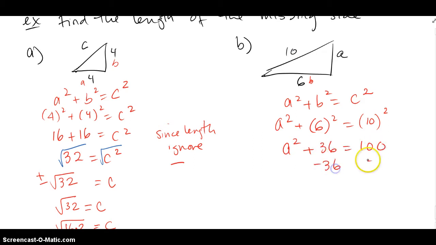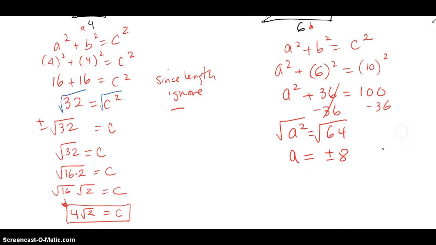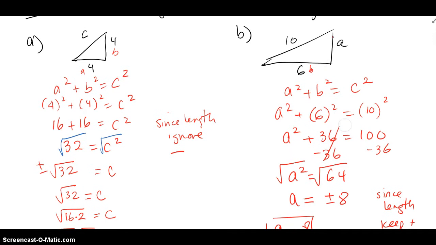Now let's isolate the a squared and see what happens. a squared equals 64. And again, I can square root both sides and get a equals plus or minus 8. But since it's a length, I'm going to keep the positive only. So a is going to be 8 units in this case. So the other side of the triangle is 8.